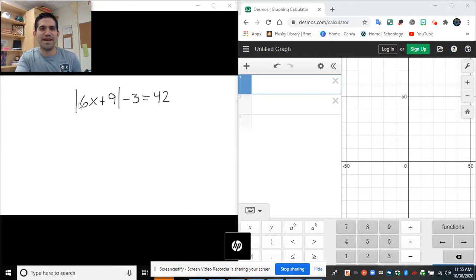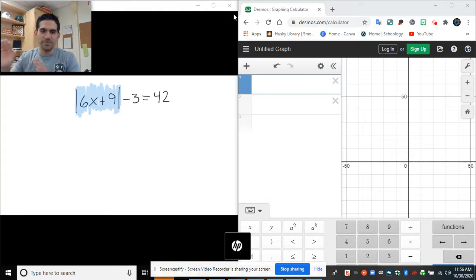For this absolute value equation, 6x plus 9 minus 3 equals 42, the first thing we always want to do is isolate the absolute value part. We want to leave it by itself, with nothing around it, before we can split it up into two parts, the positive side and the negative side. So we need to get rid of that negative 3 that's close to the absolute value.